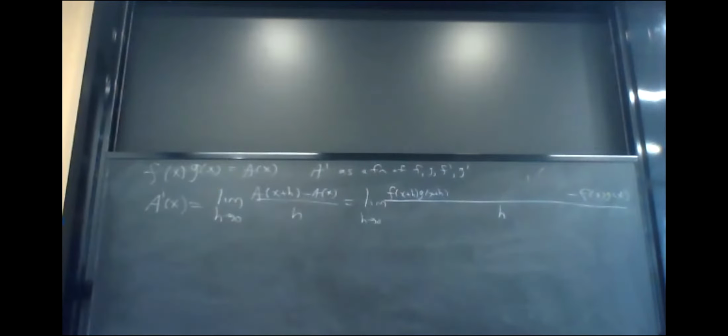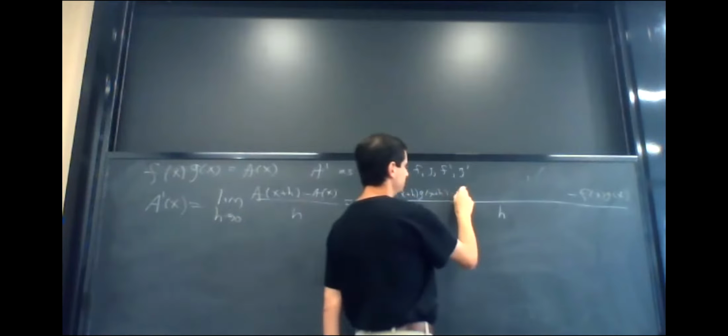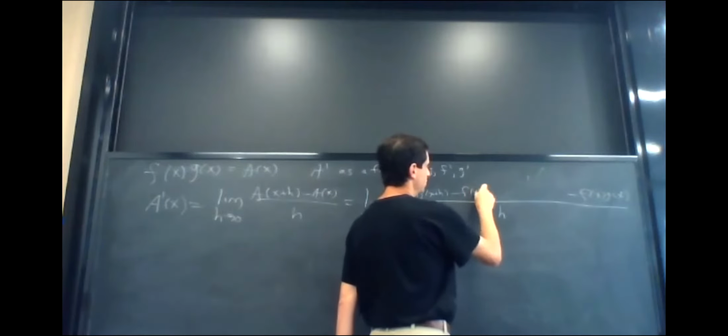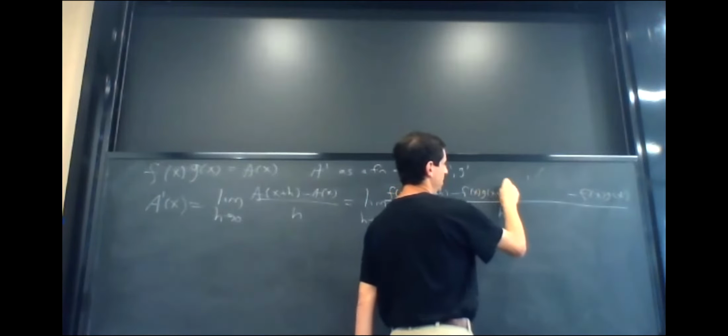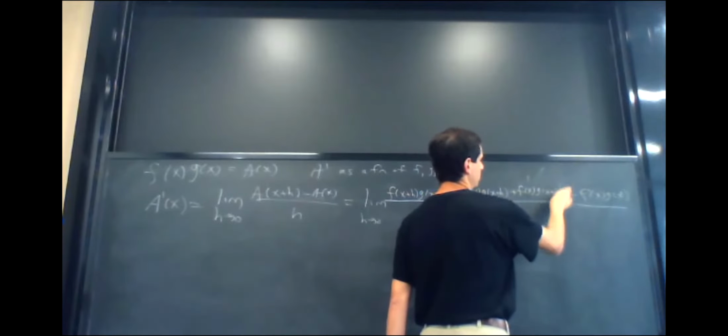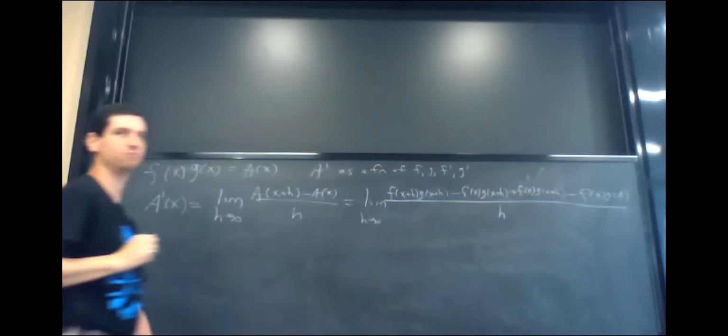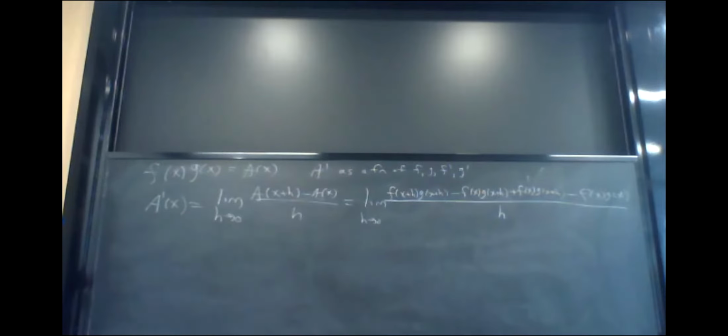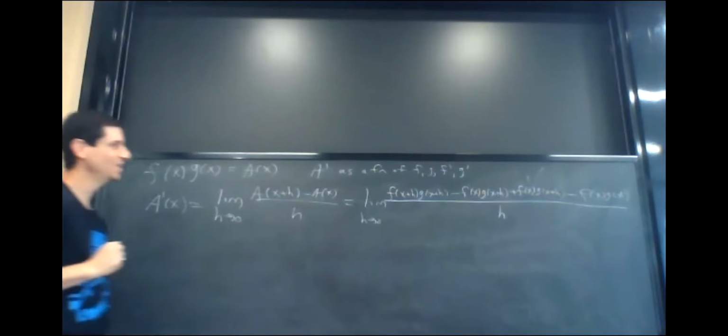And this is the advantage of working on a blackboard that's very long, is I can leave a gap here deliberately. And so if I subtract f of x, g of x plus h, and add f of x, g of x plus h, amazing, look, just the right enough room. It's almost like I've given this lecture before, right?